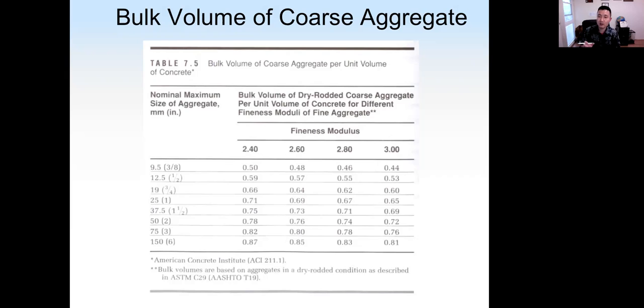The higher number means the size of the sand is larger. So based on the fineness modulus and also the size of the coarse aggregate, we can choose the bulk volume of dry rounded coarse aggregate. Again, if the fineness modulus is somewhere between these values, we use linear interpolation.